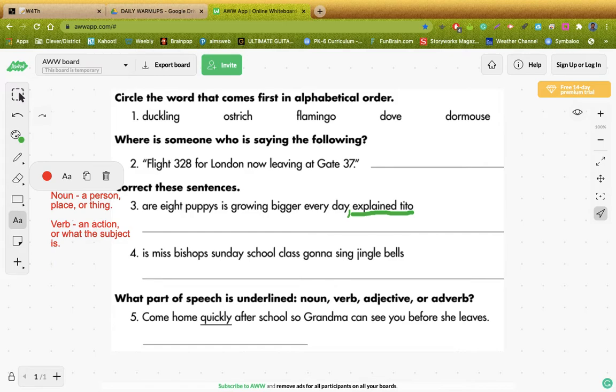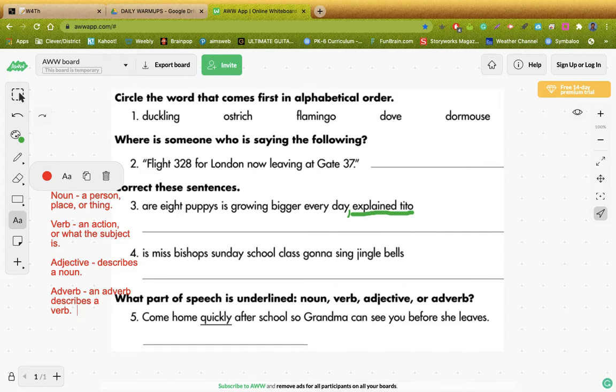Now what is an adjective? An adjective describes a noun. So what is an adverb? There you go. A noun is a person, place, or thing.